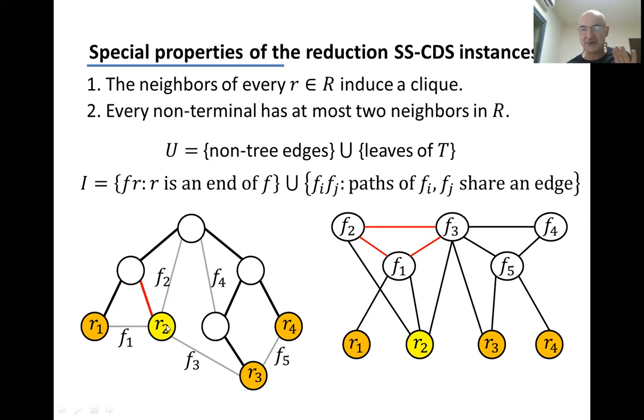It connects one leaf node of the tree to a non-leaf node of the tree. And therefore, it is connected in the reduction graph just to one terminal, which is R2.